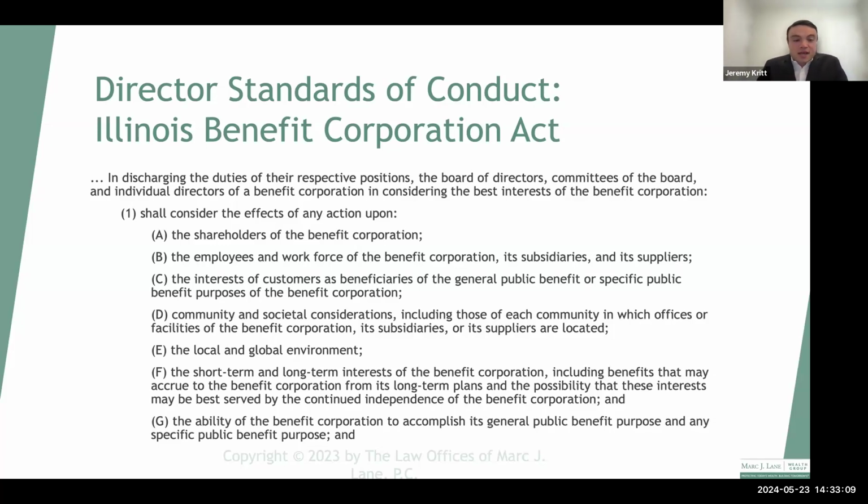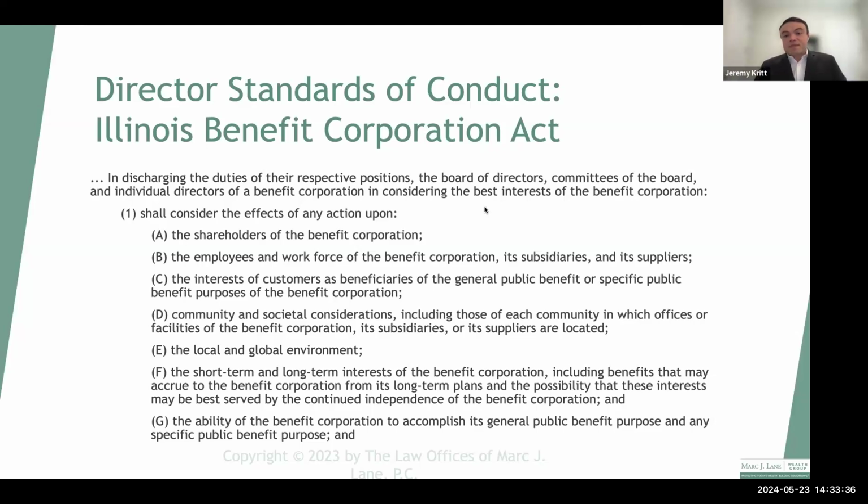Then you'll see that the next 4 factors listed: employees and workforce, the interests of customers, community and societal considerations, the local and global environment. If you'll recall, those were the 4 factors that the third-party standard must assess. So you have, what's the definition of general public benefit?